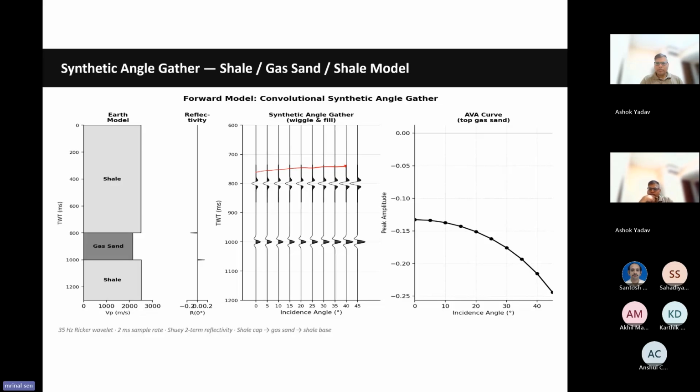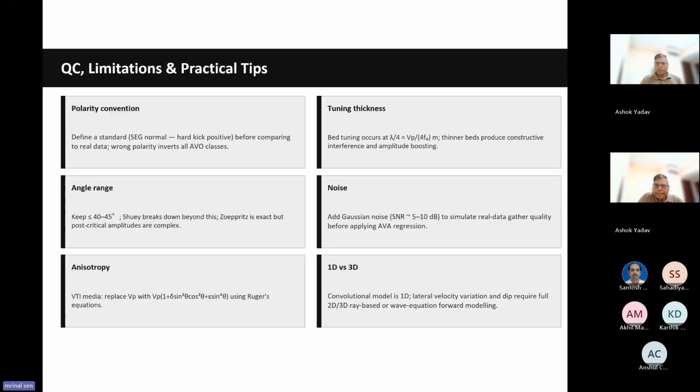I don't know what convention is used by Reliance. We follow the SEG standard, sir, same as what you have shown. Okay. So SEG standard is normal is the hard kick positive. Okay. Yeah. So we have to be very careful when you're comparing with real data.